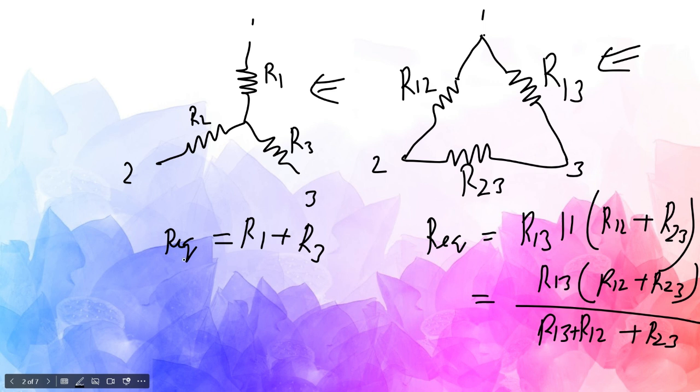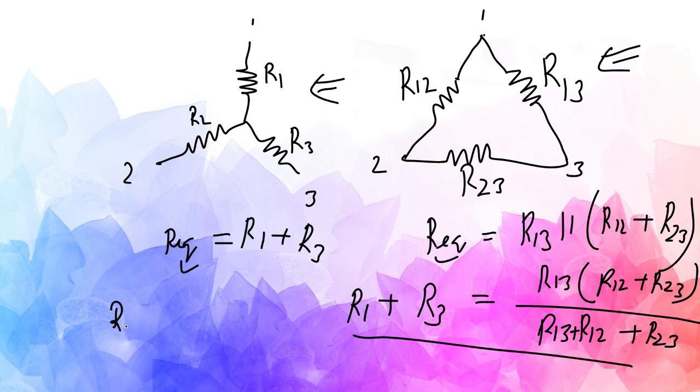Now this equivalent must be equal to this equivalent. So we can write R1 plus R3 should be equal to this. So this is one equation. In the same way, we can come up with equations like R2 plus R3 equal to something, and again R1 plus R2 equal to something.